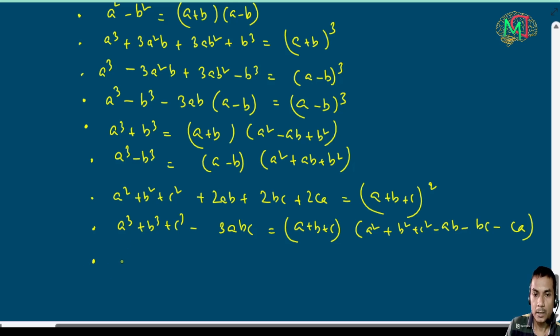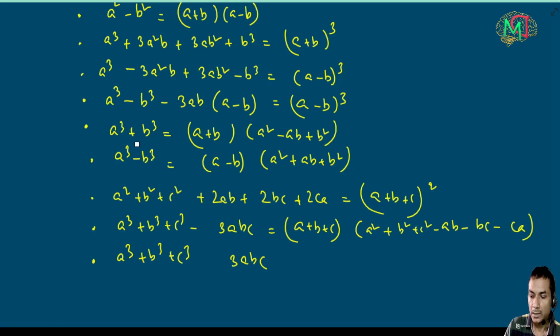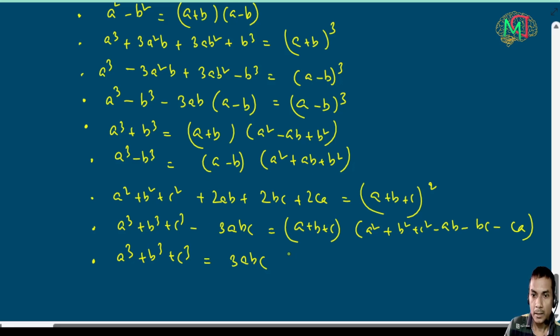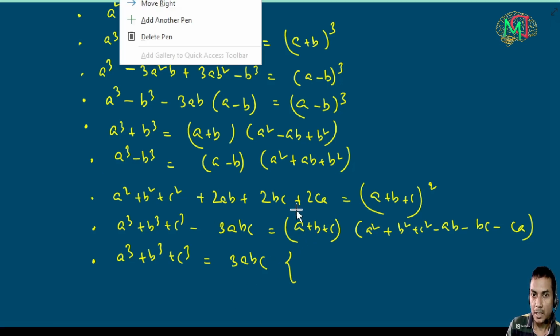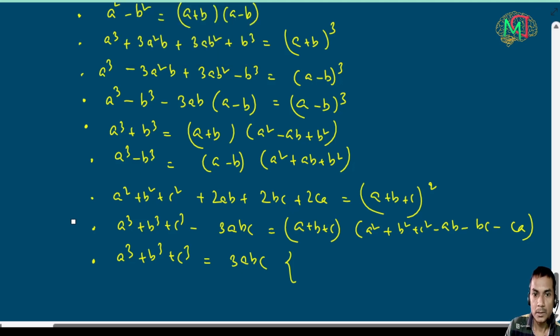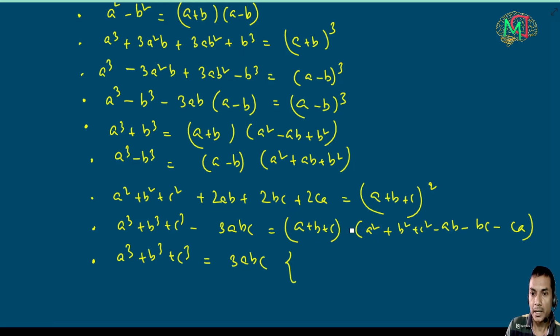And another condition, a cube plus b cube plus c cube will be 3abc when, look at this, if abc is 0, then this entire value will be what?